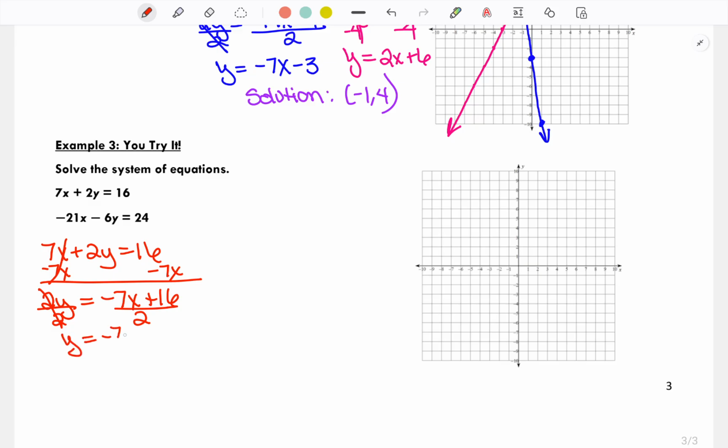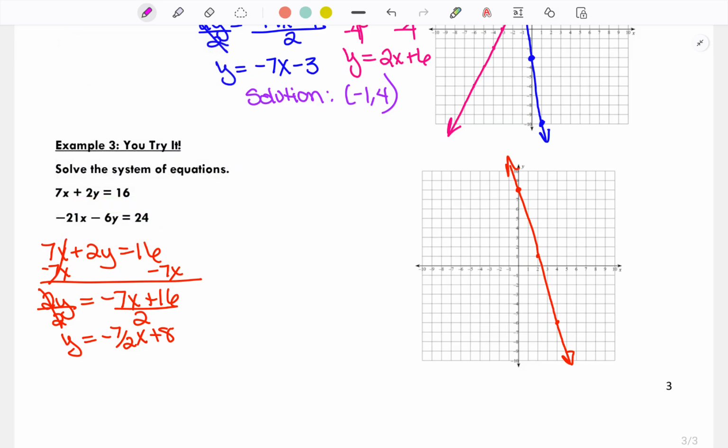So y equals negative 7 over 2 x plus 8. And then we're going to drop 7 and then run 2. And there we go. There's our first line.